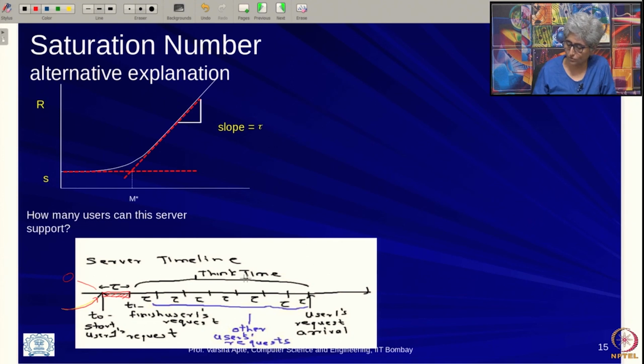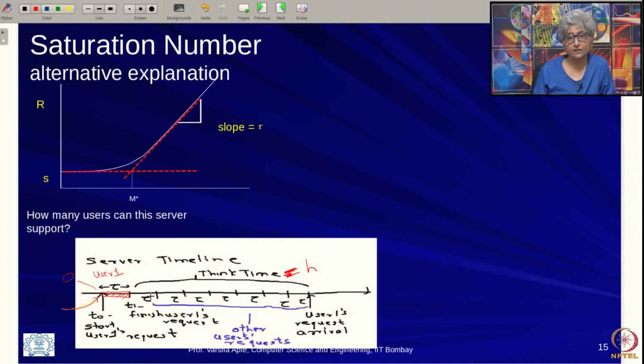Now the user is going to be thinking for some time before issuing the next request. So, suppose this was user 1. User 1 issued a request, came to an empty queue, and the server instantly started working on it, took tau seconds to process the request, and now the user has gotten the response and is going to think for a think time equal to h, right.